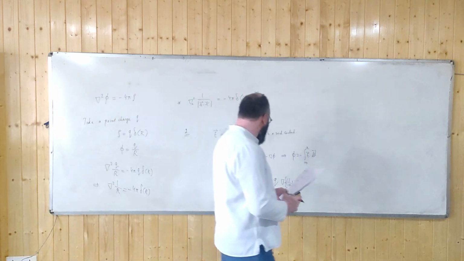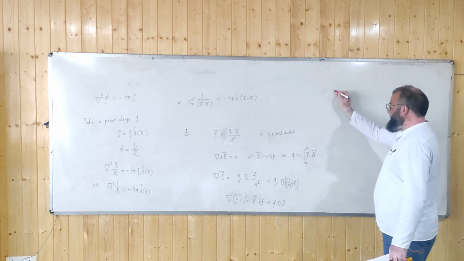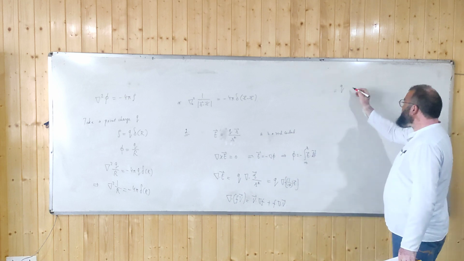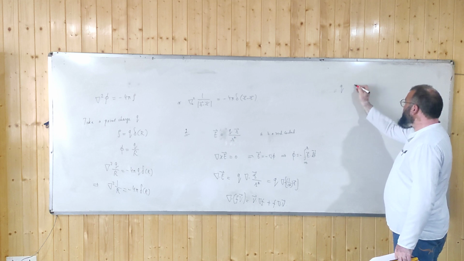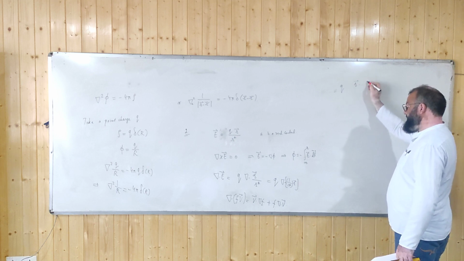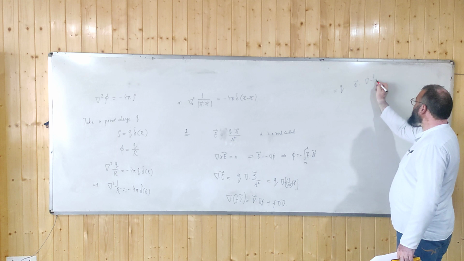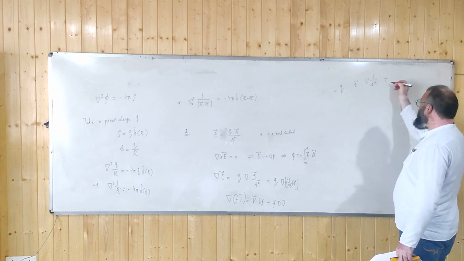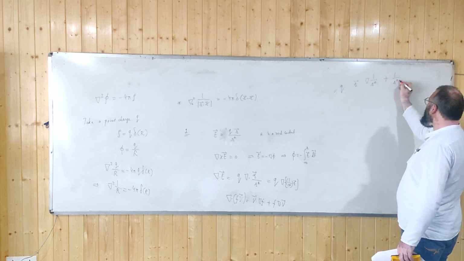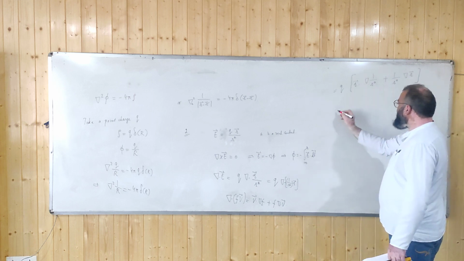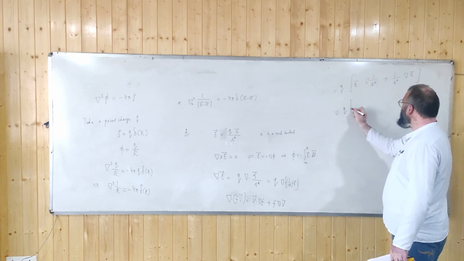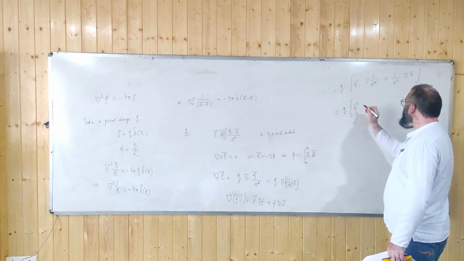So now let's work it out. So it will be r dot gradient of 1 by r^A, plus 1 by r^A times divergence of vector r. Clear? So what is that equal to?